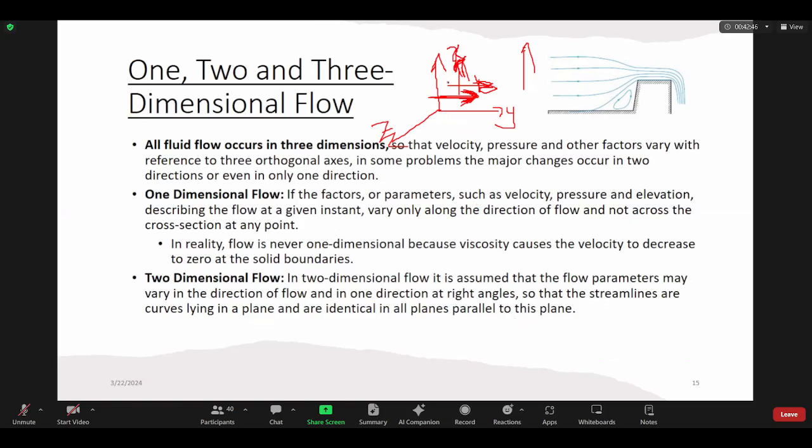It means velocity and pressure can change in another direction as well, so two directions, x and y. Its pressure and velocity can change.